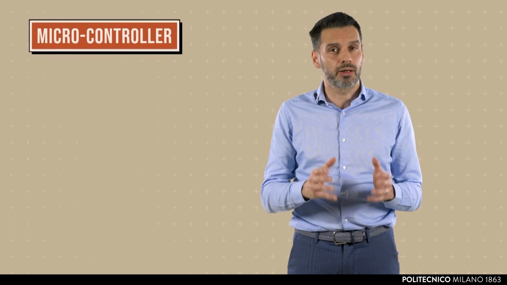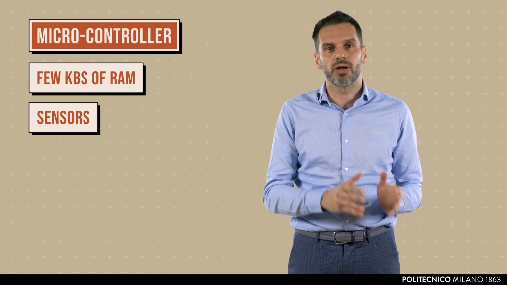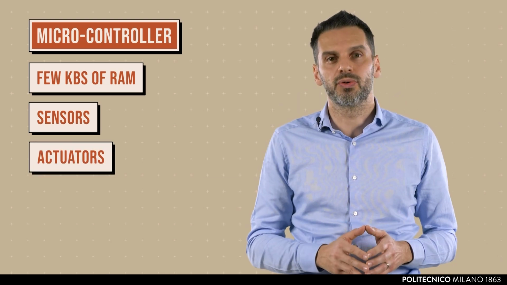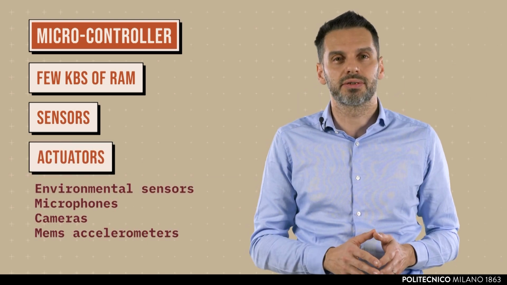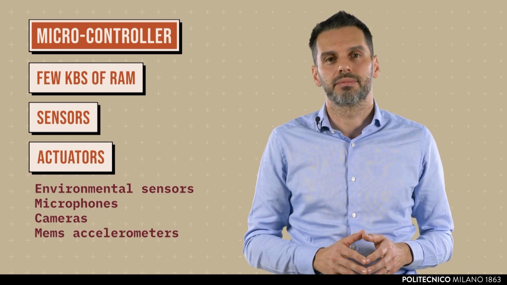But what is the hardware-software architecture of such intelligent IoT units? Here, the hardware typically comprises a microcontroller with few kilobytes of RAM, as well as sensors and actuators. Examples of sensors for IoT are environmental sensors, microphones, cameras, and MEMS accelerometers.